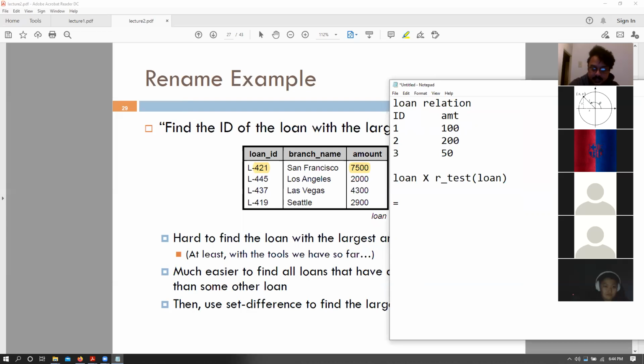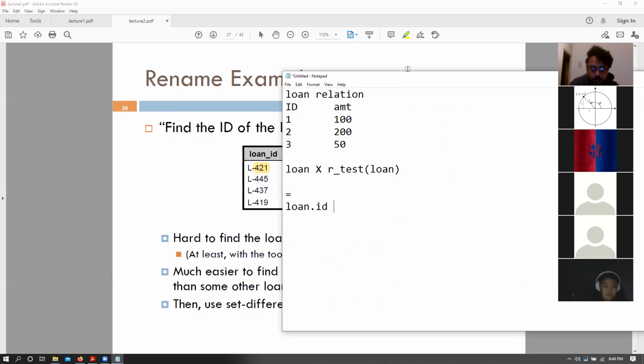So we would have, let's type it out, loan dot ID, loan dot amount, test dot ID, and test dot amount, right?